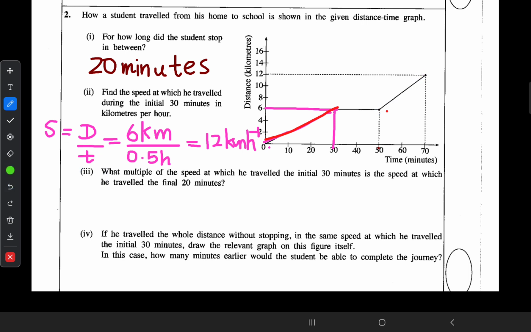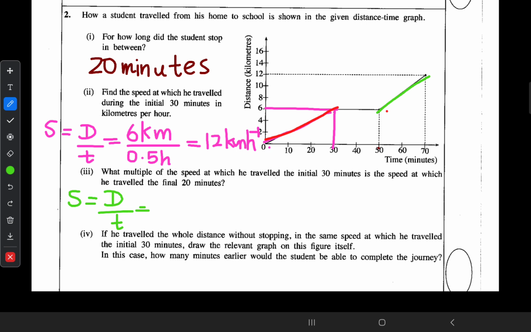I'll use another color, green. Here also we have to find the speed. So to find the speed in that region, distance divided by time. The distance was up to 12 kilometers, but not exactly 12 kilometers.